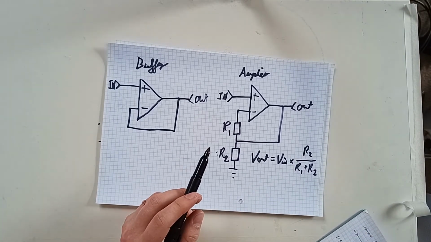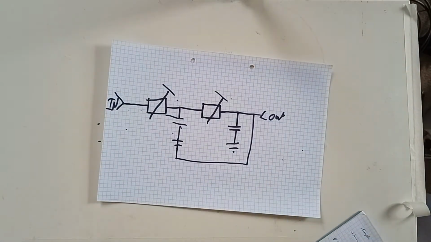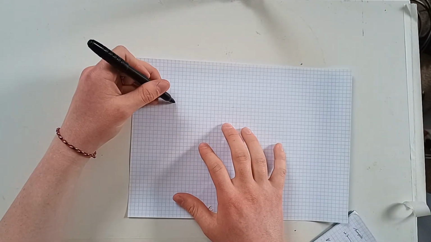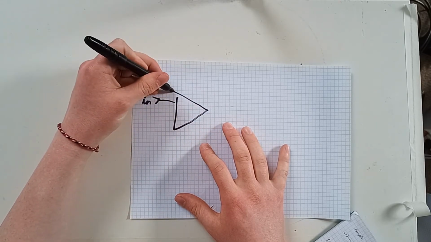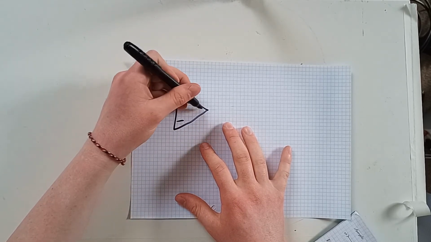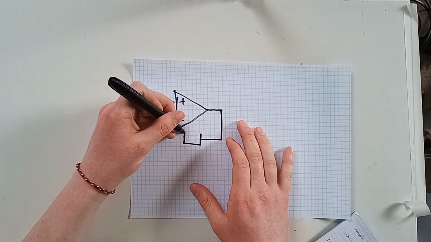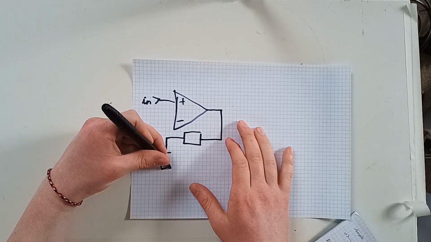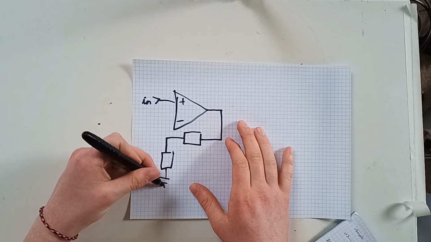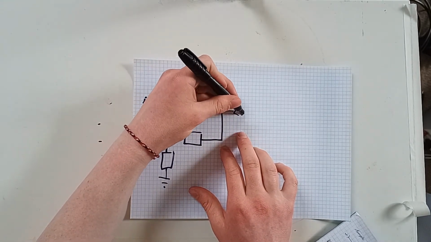No, sorry, I've drawn that circuit wrong. Let me draw that again. So you'd have your input here, your op amp, the resistor here, and then your tie down resistor here, which then goes to your inverting input, where you then have your output.